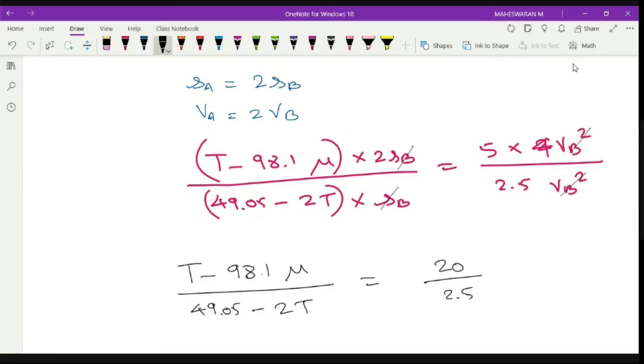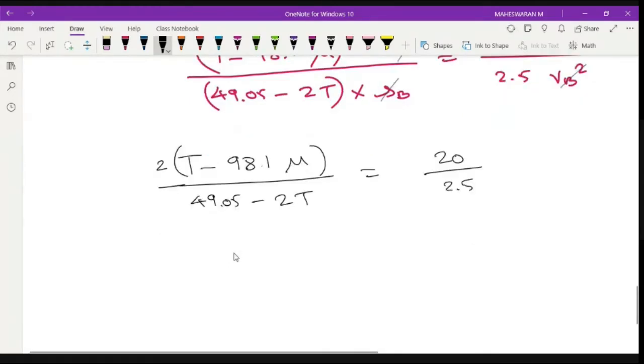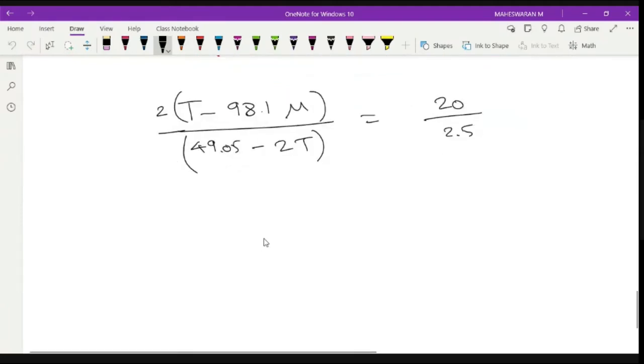Any doubt on this? Sir, I think 2 is there in the numerator. Sorry, I missed that 2. Yes, this 2. Okay, so now you cross multiply. Let us bring T on one side and mu on the other side so that it is easy for solving.